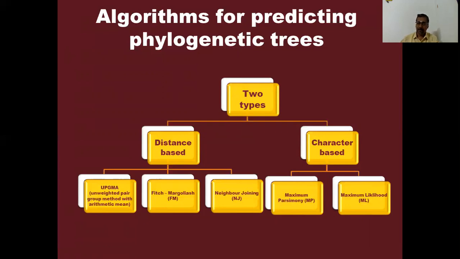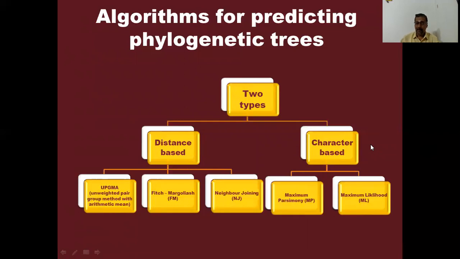Both FM and NJ use algebraic calculations with a little difference in the algorithm. If you understand Fitch-Margoliash, it is very easy to understand neighbor joining. Both assume or calculate non-uniformity in branch length, whereas the UPGMA method will calculate only uniform branch length.